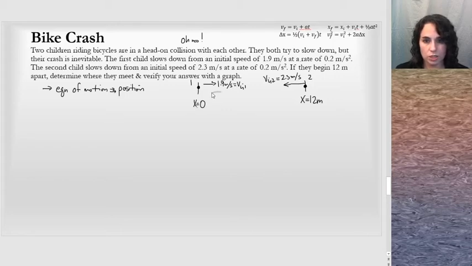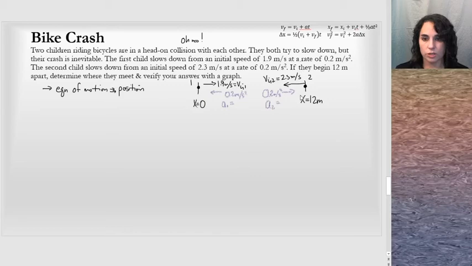This one's acceleration, remember, is going against the motion, right? They're both slowing down, and I have to take that into account. It's pointing in that direction at 0.2 meters per second squared, and the other one is also slowing down at 0.2 meters per second squared. Okay, they're pointing in opposite directions, and I can label those two. A1 equals that, and A2 equals that.